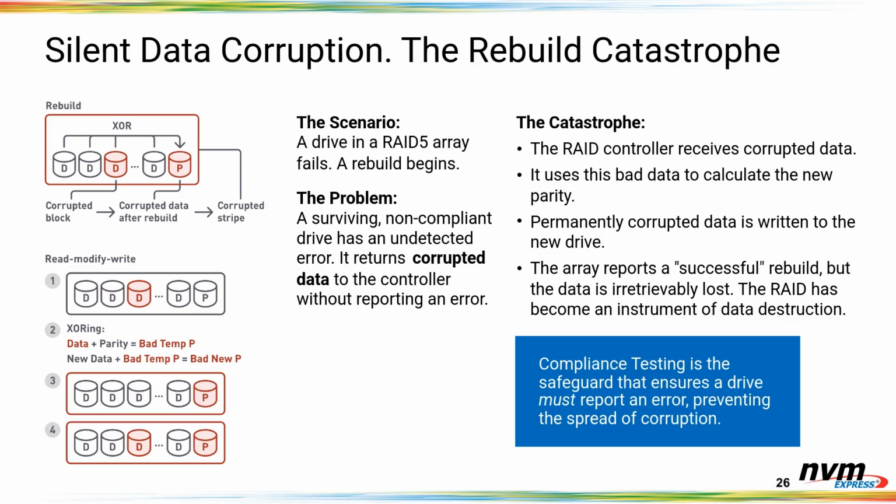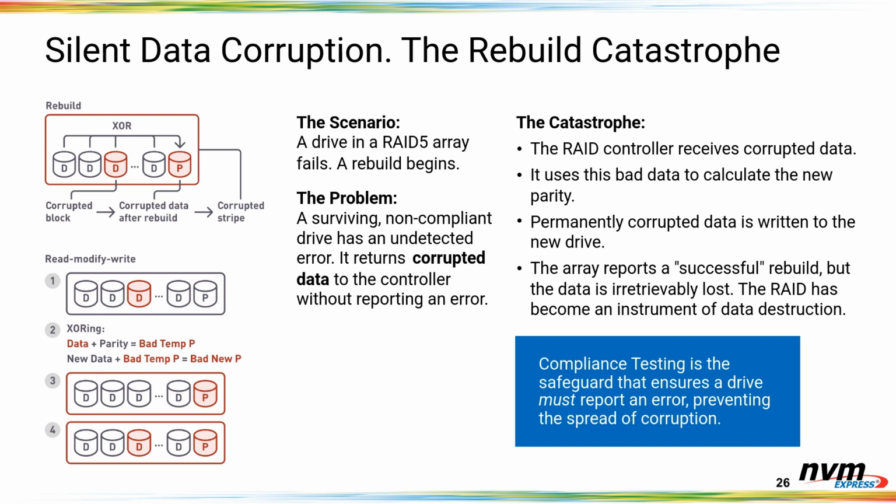The first use case I would like to cover today is related to silent data corruption. What would happen if the drive doesn't properly report that we have an error related to silent data corruption? In this case, we have problems in two use cases. The first is related to RAID rebuild.